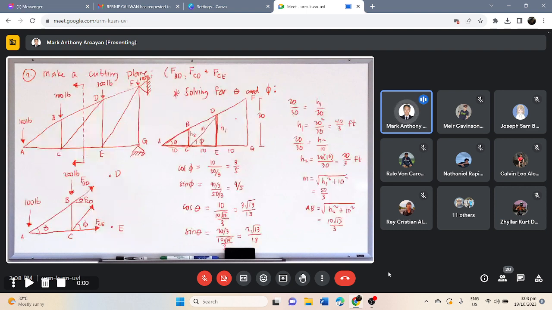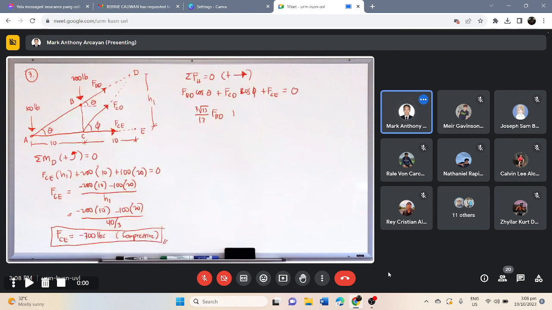Then our cosine phi is 3/5. So plus 3/5 FCD. Then transpose FCE to the right side, so it becomes negative. Then substitute negative 300, so it becomes positive 300. This is our equation 1.